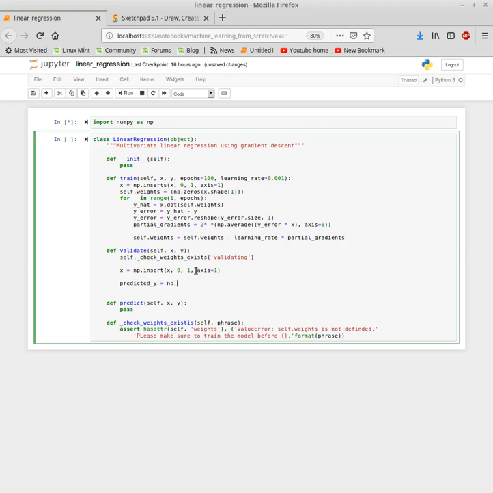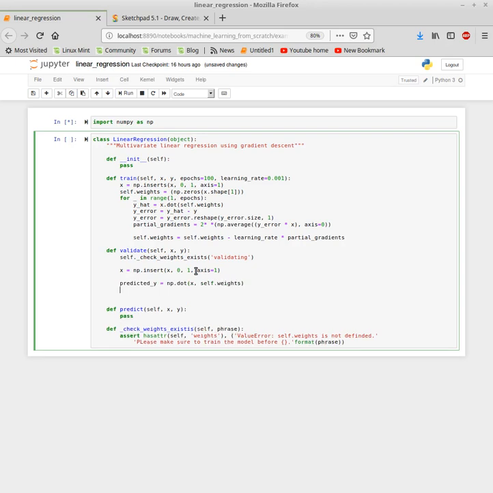Predicted Y equals np.dot X times self.weights. This is the same. We take the weights, we take the X for each X array, and then we're going to line it up and multiply it like we saw on the Y equation, and then we're going to sum it for the predicted Y that we did many times.